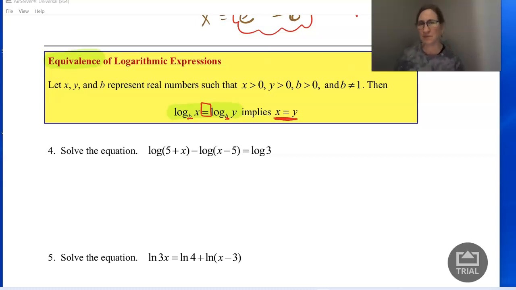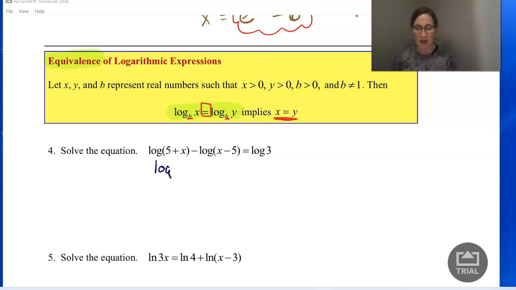Well, here's how we can apply that to a logarithmic equation, but we can only apply it when we have logs on both sides of our equation. For this first example, problem number 4, on the left, I am going to put those two logs into one single log.